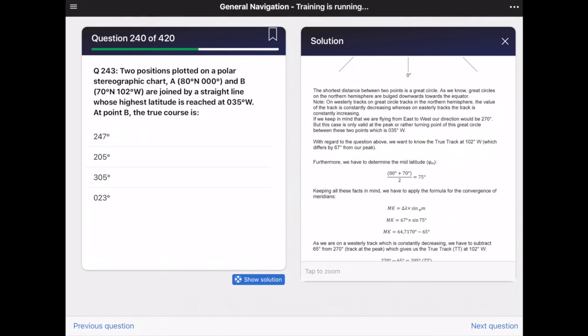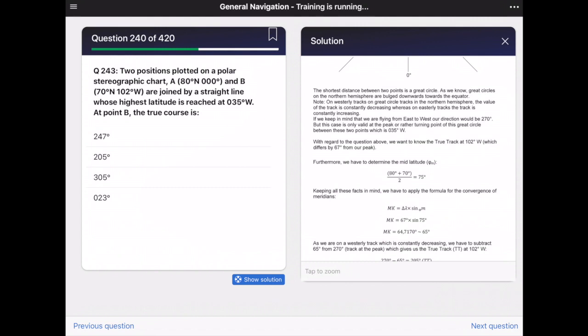Inserting all these values, the sine of 75 times 67 degrees, which is the difference from our peak, gives us a value of 65 degrees.